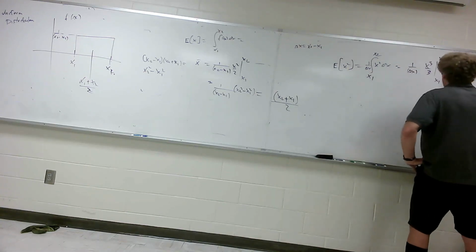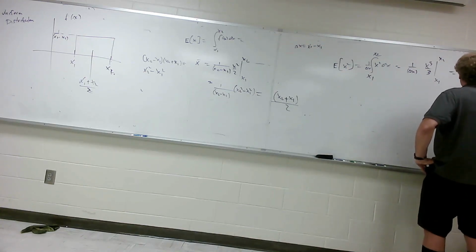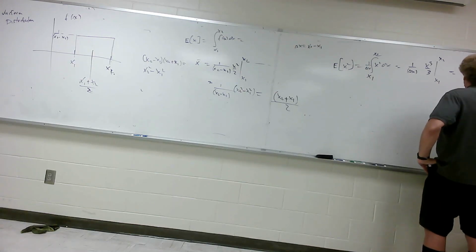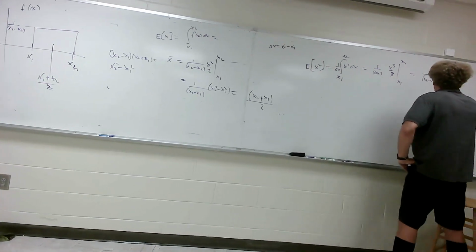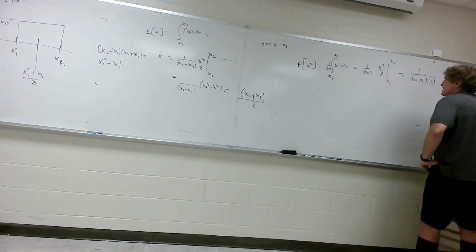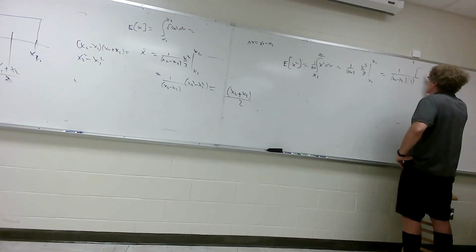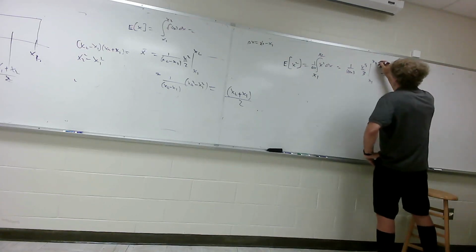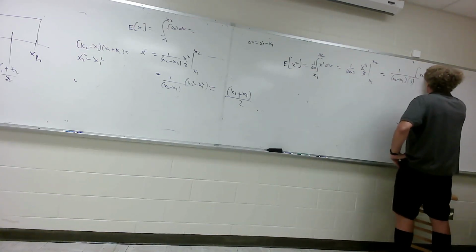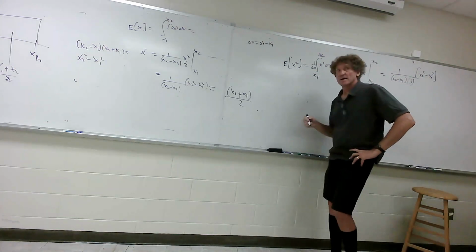You have to trust me on this part. So now I get this, and I put the variables in. So I get 1 over x2 minus x1, then a factor of 3 here, and then x2 cubed minus x1 cubed. Do you follow me?